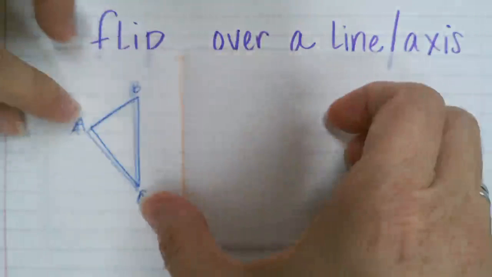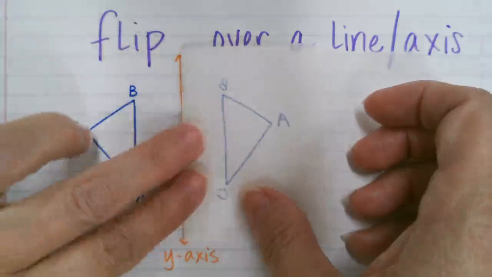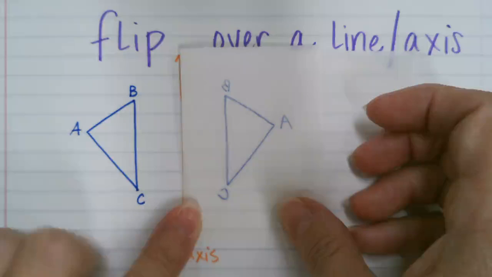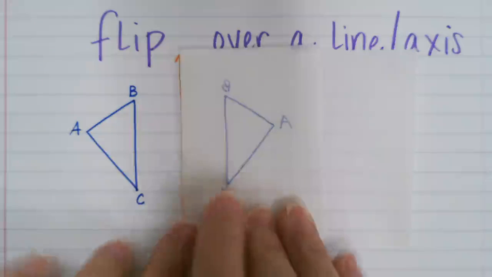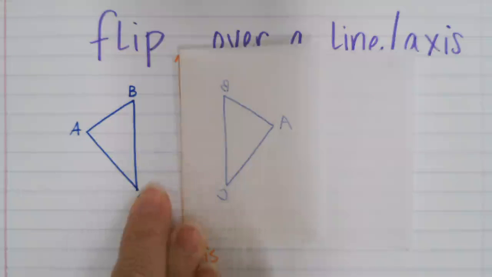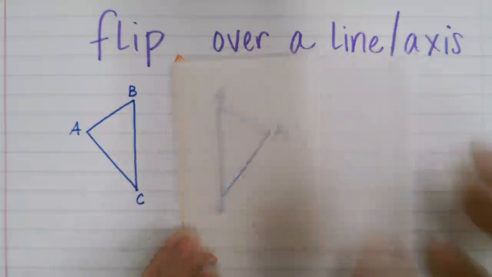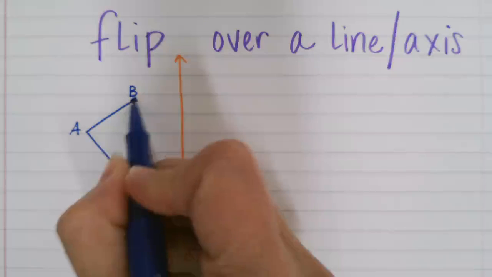So we're going to flip this shape from this side of the line over to this side of the line. Now I know how to do that because however far it is on this side, it has to be the same distance away on this side. So let's start right here.